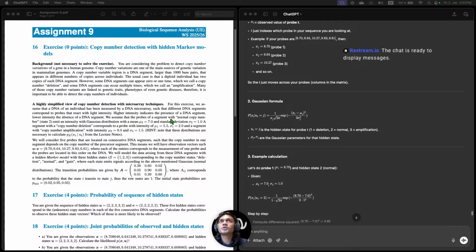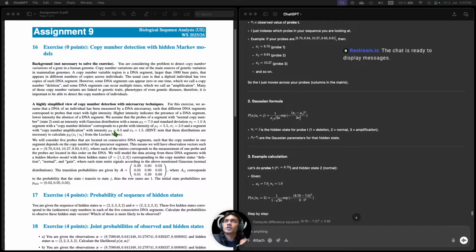We assume the probes of the segment with normal copy number emit an intensity of Gaussian distribution with a mean of nu 2, standard deviation sigma 2, plus 1 Angstrom.